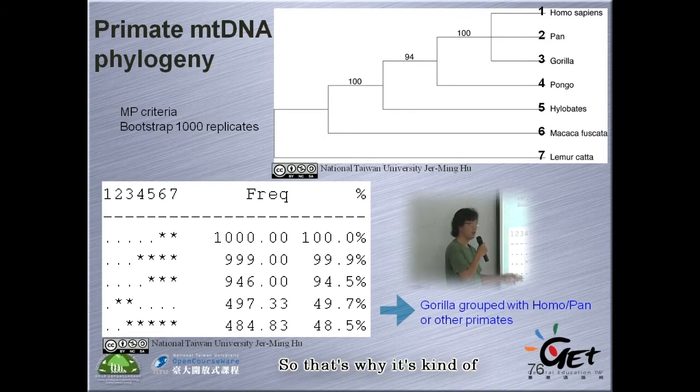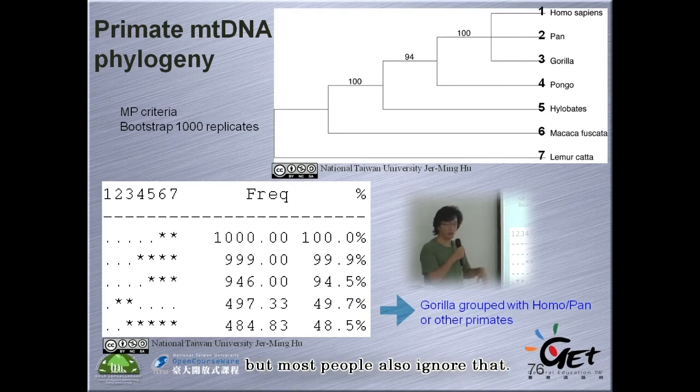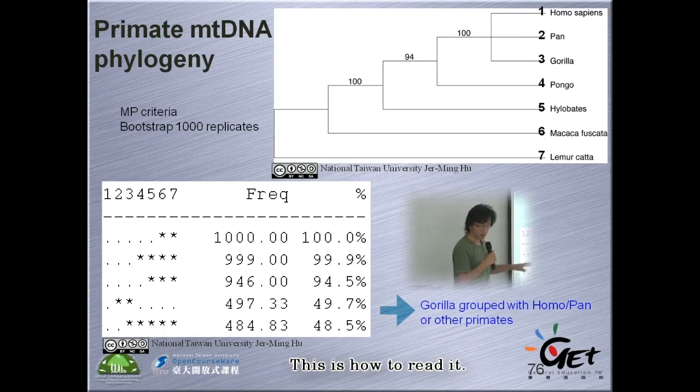So that's why it kind of flips around. That's why it's unresolved over there. So there is some extra information from this bootstrap table. This is kind of important, but most people ignore that. And this is how to read it.